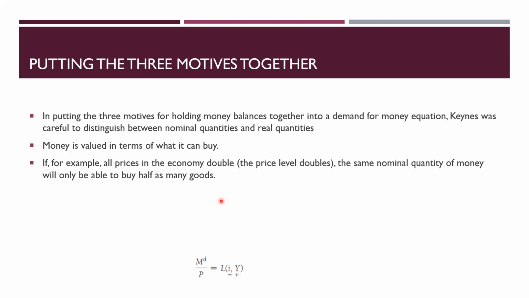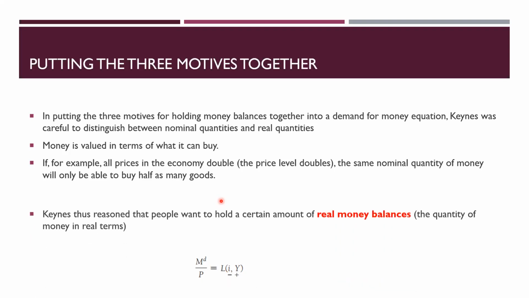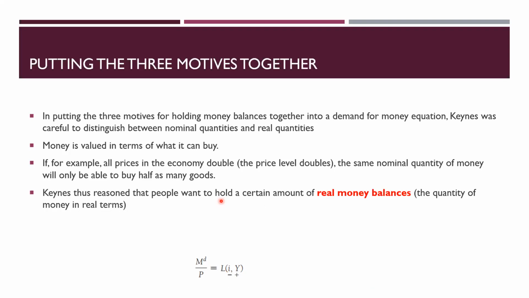So you can see that there is a positive relationship between demand for money, nominal demand for money, and the price level. If price levels increase, you would need more money to buy the goods that you were buying previously. So Keynes thus reasoned that people want to hold a certain amount of real money balances, the quantity of money in real terms, not in nominal terms.